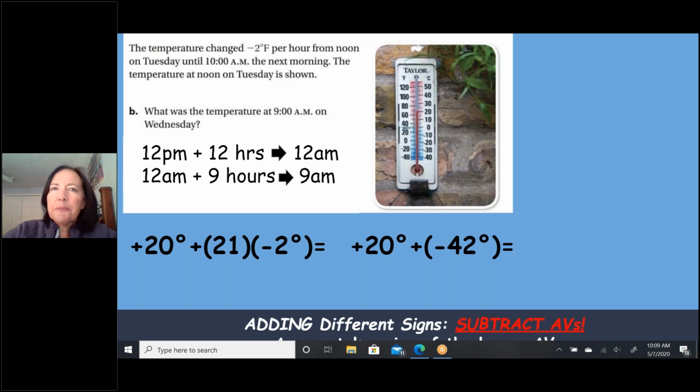That's why adding positive and negative numbers is one of the most difficult skills there are. So instead of adding 20 and 42, you're going to subtract them. So what's the difference between 42 and 20?